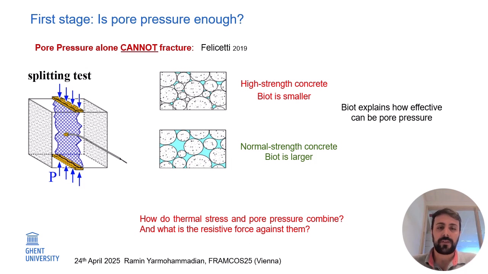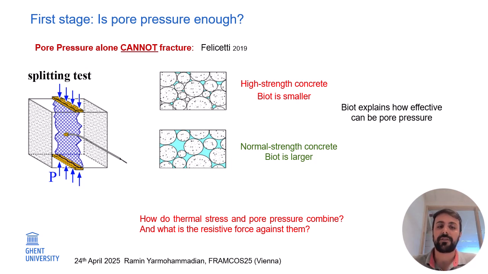Starting with the literature, there is research from 2019 in which they split concrete cubes while heating from two sides and measuring the pore pressure in the fracturing plane. They concluded that pore pressure alone cannot fracture the concrete.